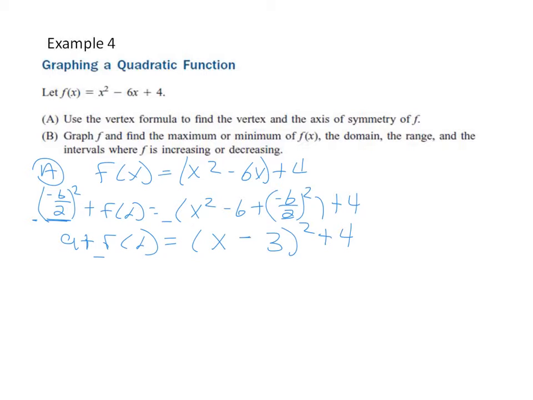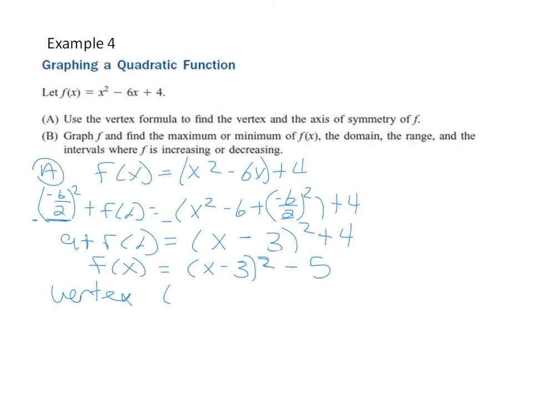Bring my 9 over, so that f of x equals x minus 3 squared plus, oops, sorry, it's going to be a minus, isn't it? So squared minus 5.